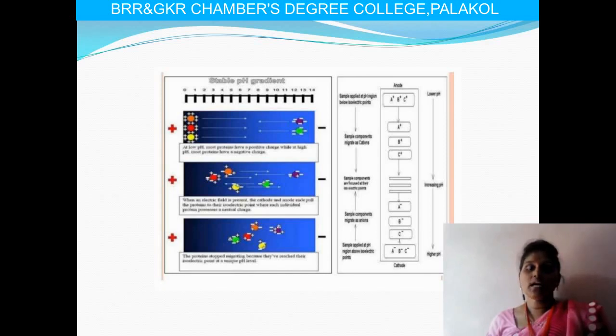The remaining charged particles, if they have a positive charge, will move towards the negative charge. If they have a negative charge, they will move towards the positive charge. This is the main principle behind this technique.